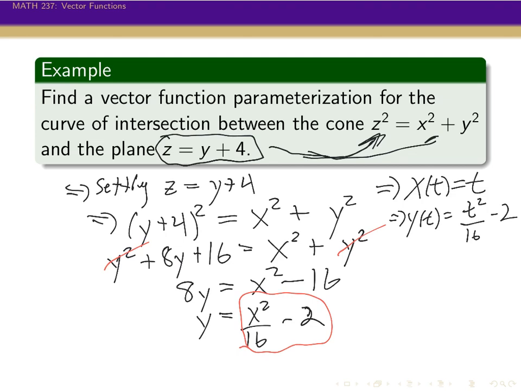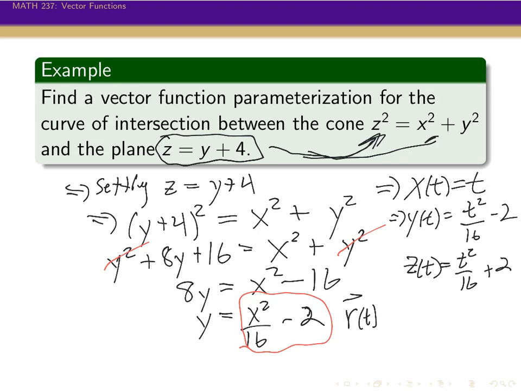And then my z is I just have to take my y and add 4 to it. So z of t is going to be t squared over 16 plus 2.